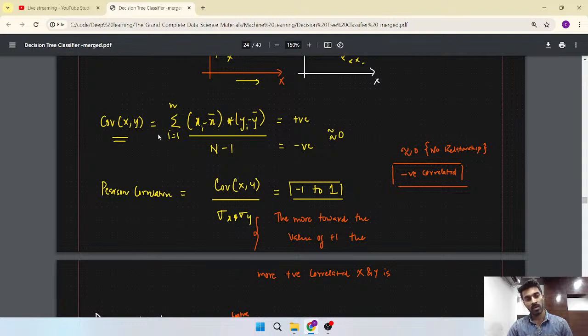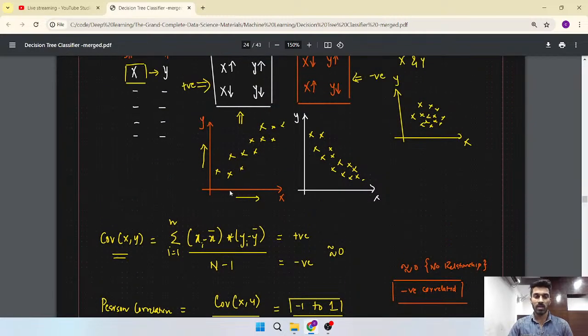So you will get the covariance, and covariance of x comma y upon standard deviation of x into standard deviation of y, you will get the Pearson correlation. If you get a correlation greater than 90%, directly remove those features. Now you will get only the highly relevant features that are required in your dataset. That's how we do feature selection.